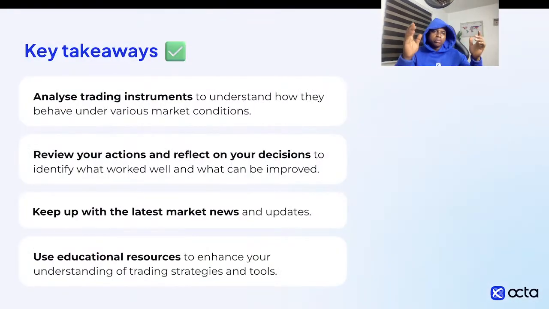Now this is a key takeaway for you. Analyze your trading instrument to understand how it behaves under various market conditions. Review your actions and reflect on your decisions. If you take a trade, you want to understand why you made profit and why you made loss. And there are also educational resources you can leverage.